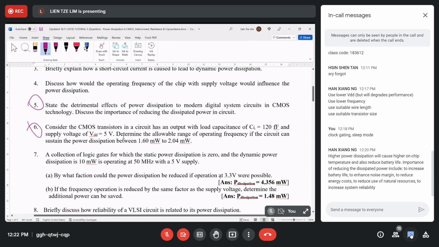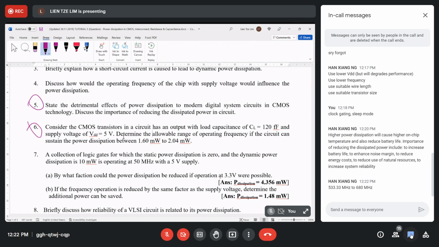Determine the allowable range of operating frequency if the circuit can sustain the power dissipation between 1.6 milliwatt to 2.04 milliwatt. What is the answer you get for this? 533.33 to 680 megahertz.